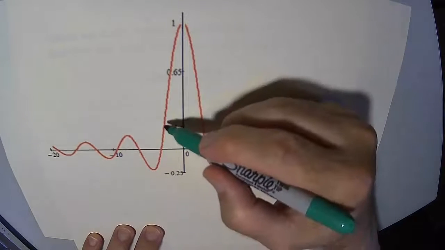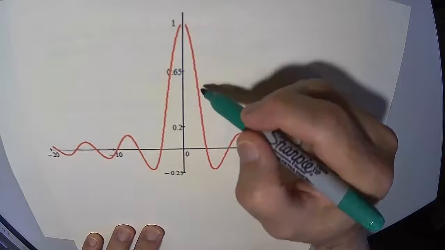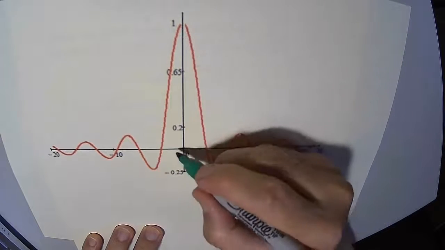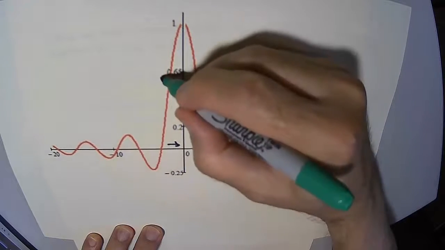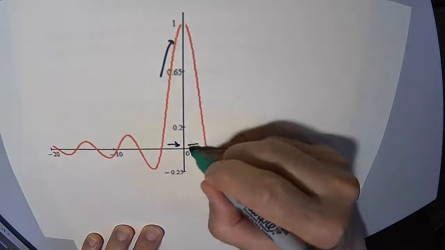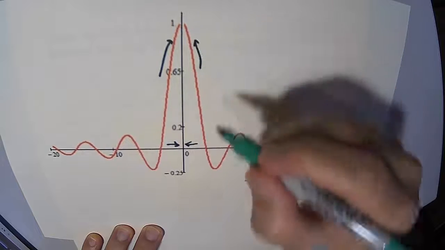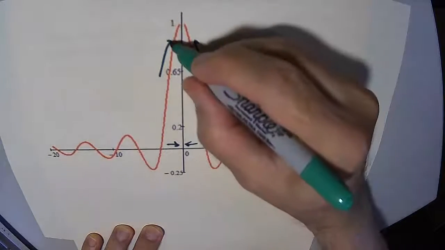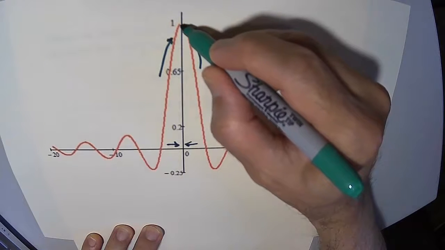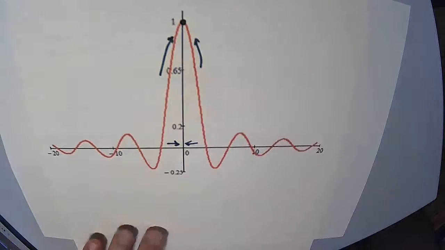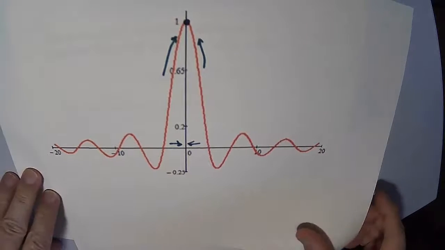Notice that the graph appears to be moving up towards 1. It happens whether I go from the left or from the right. In both cases, the graph appears to approach the number 1 up here. So I can fill up the gap by assigning 1 to sine of x over x.